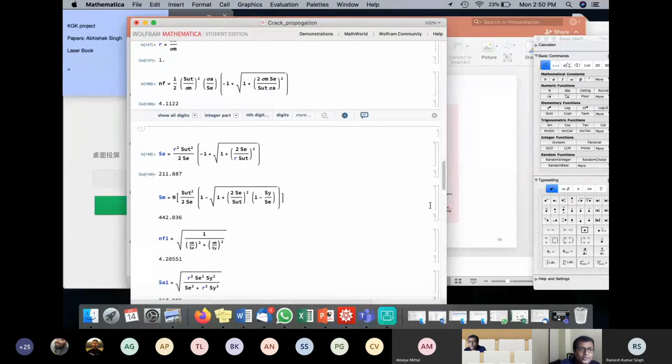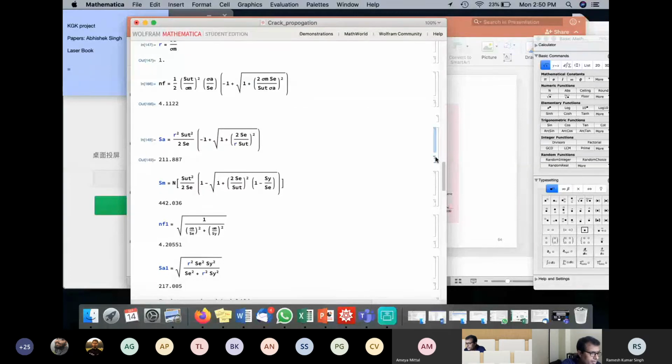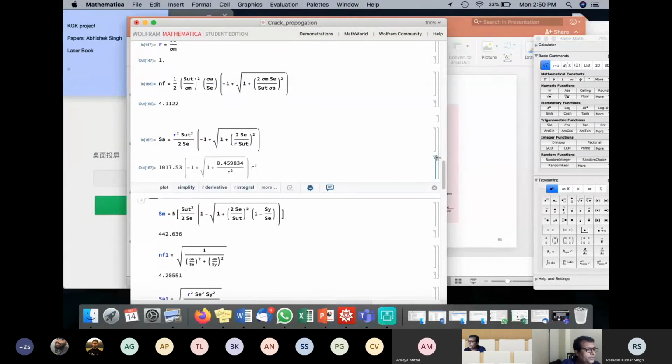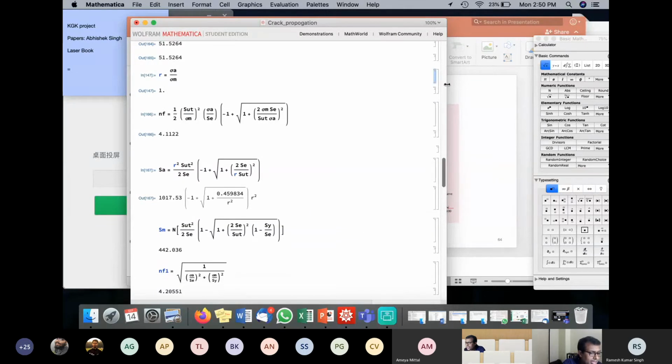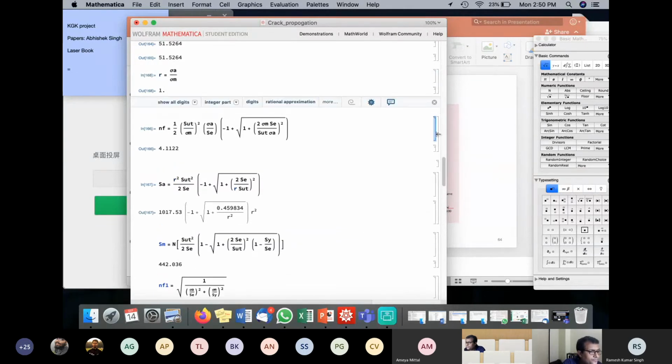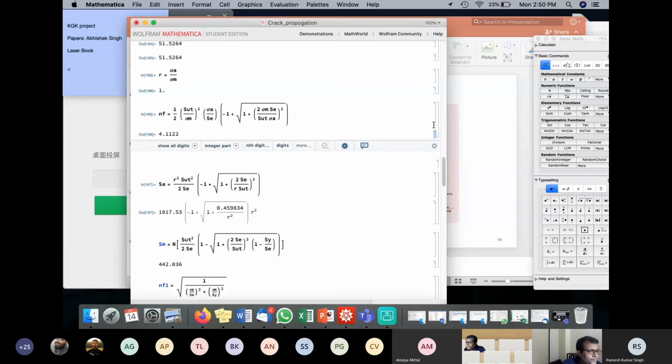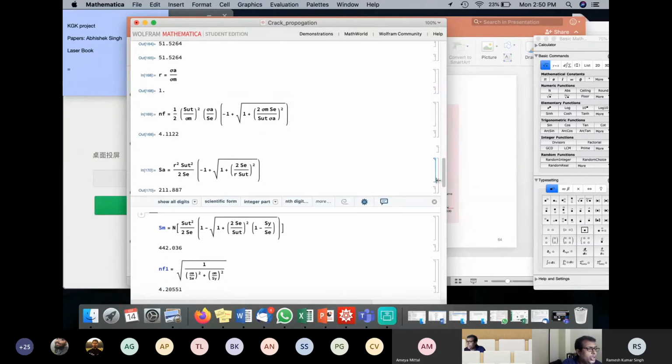So let me find out what will be the SA. Oh, sorry, I haven't defined R. Let me go ahead and define the R. I'll run this again. 211.887.